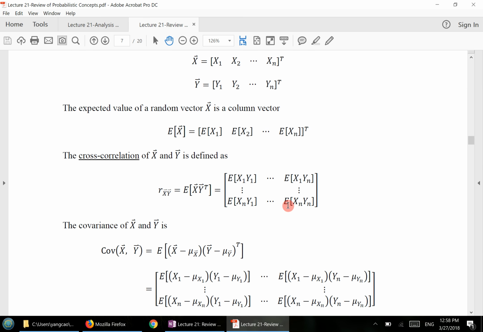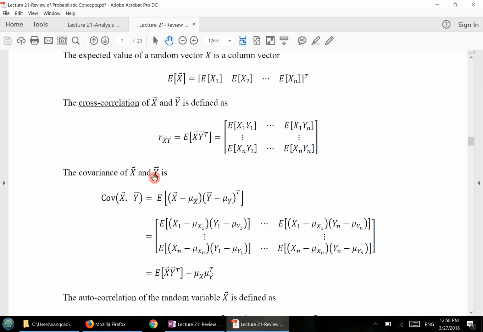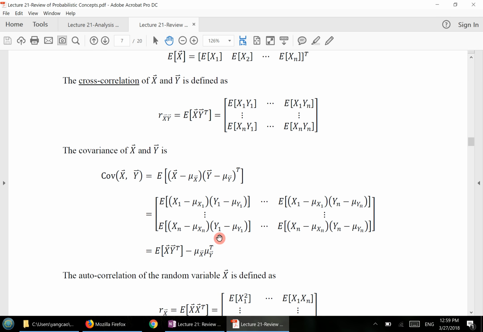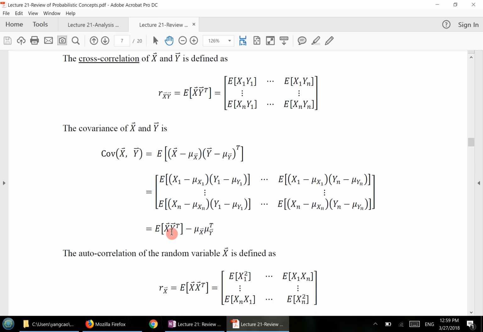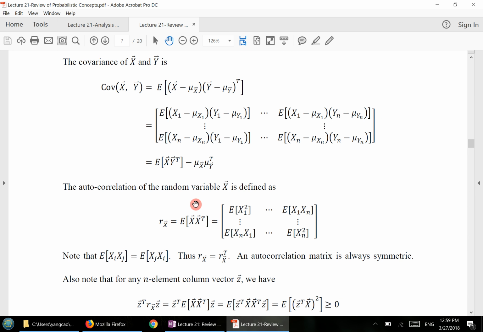Similarly for the covariance of the two random vectors, you also get a matrix here. Now, what's most useful in our case is not the cross correlation and covariance here. What's most useful for our case is actually autocorrelation and autocovariance. So here is the autocorrelation.